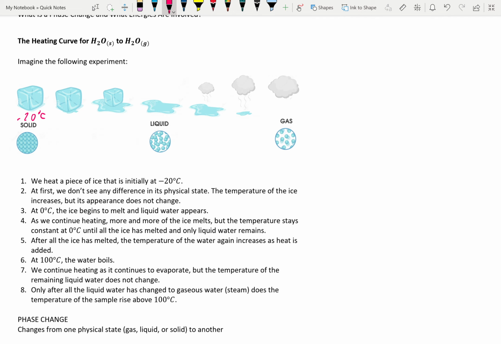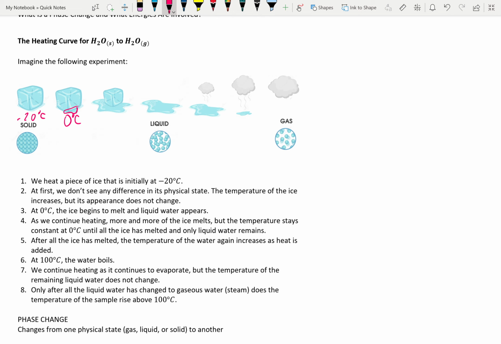So our next picture here, let's say, is around 0 degrees Celsius. So that's when we first initially see a little bit of liquid melting from the solid ice. We keep applying heat and keep applying heat, and the temperature of ice at 0 degrees Celsius doesn't get hotter until the entire ice is dissolved.